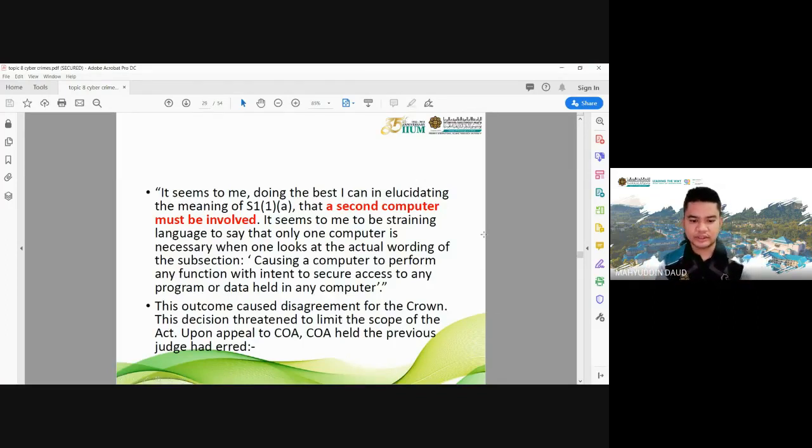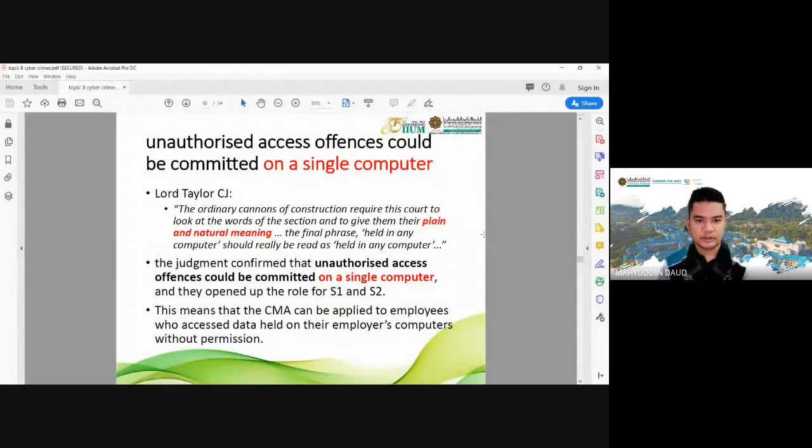Then the matter was appealed. The Crown disagreed and appealed to the Court of Appeal. The Court of Appeal held that the previous judge had erred. The position is that unauthorized access offences can be committed on a single computer.